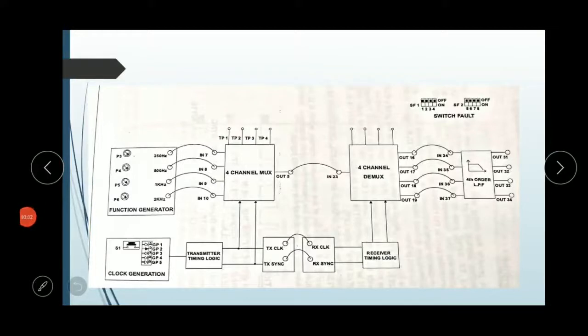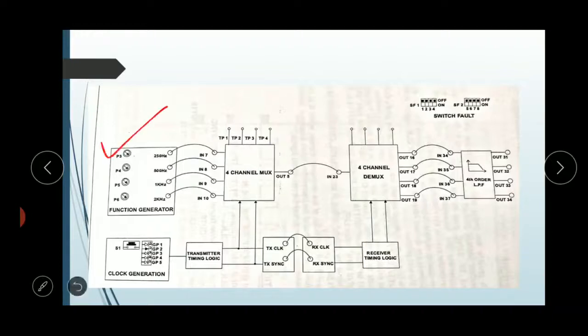So this is the connection diagram of this experiment. Here we take 4 signals as input to the 4 channel multiplexer: a 250 Hz signal, a 500 Hz signal, a 1 kHz signal, and a 2 kHz signal.